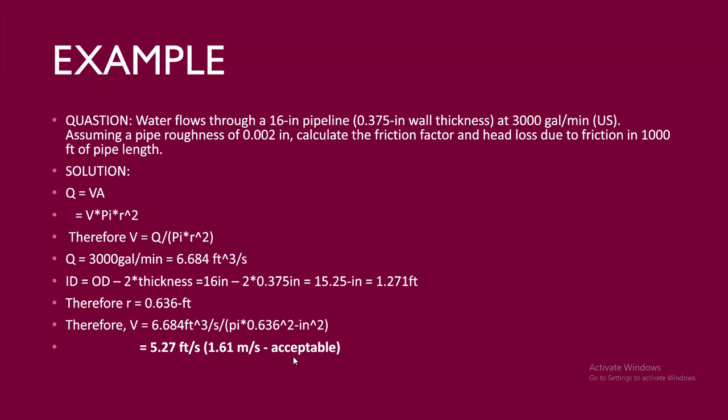In my next presentation, I will talk about the acceptable values of velocity, because you need a certain velocity in your pipe: if it's too much, you get corrosion of your pipes, and if it's too little, you get the laminar flow regime. And in industry, we need turbulent flow regime.